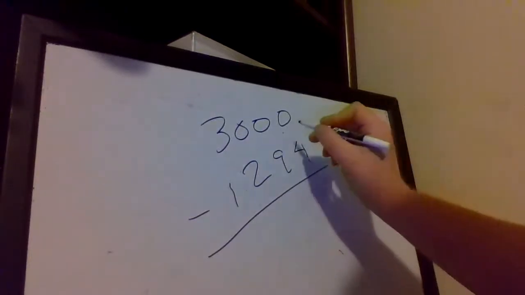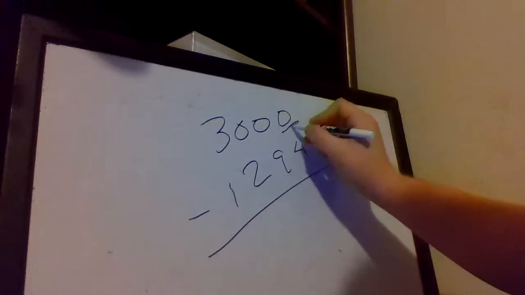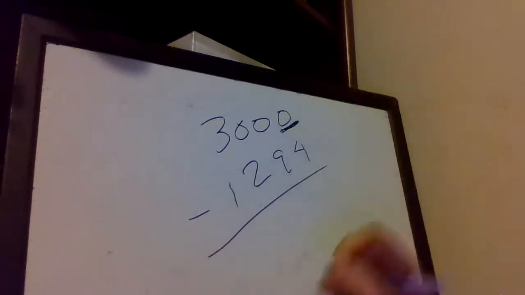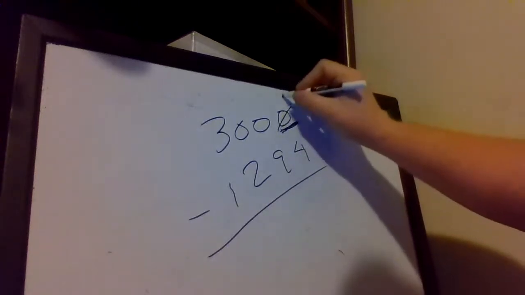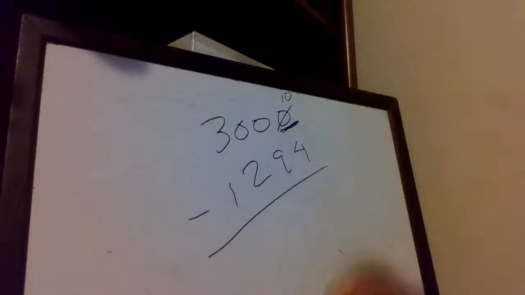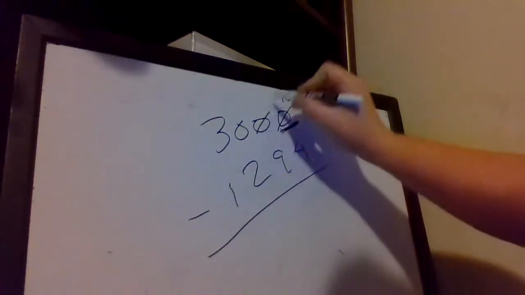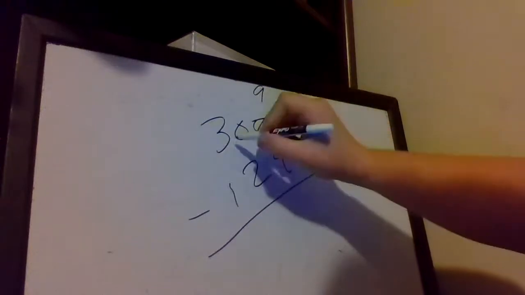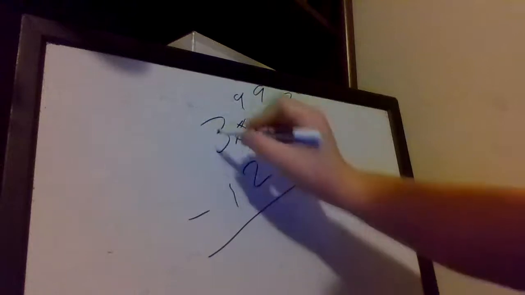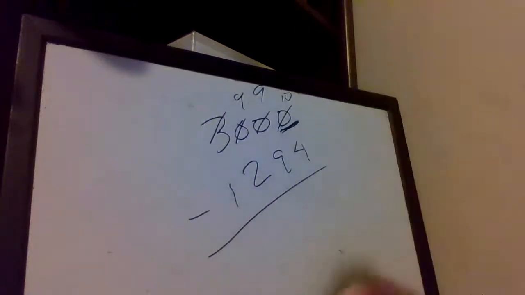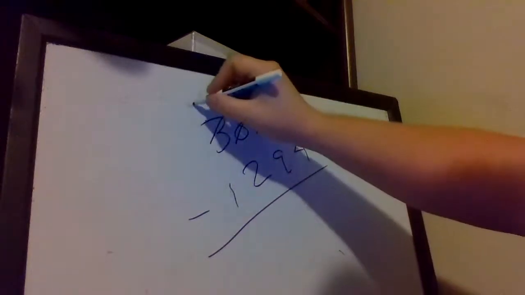The ones place is the 0 at the far end. So the ones place is going to become a 10. And then the zeros before it are going to become 9s. Then the first whole number we're going to take 1 away from.